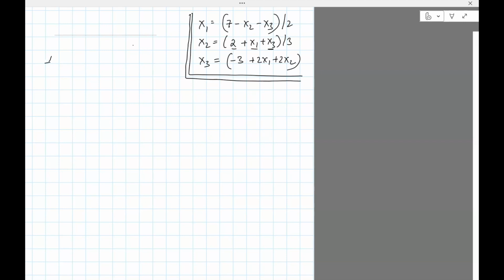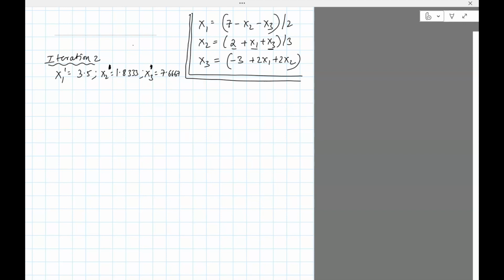So we are at iteration number 2. Our solution from the first iteration is x1 is 3.5, x2 is 1.8333, and x3 is 7.6667. Okay, so once everything is on a single page, it's kind of easier to write.